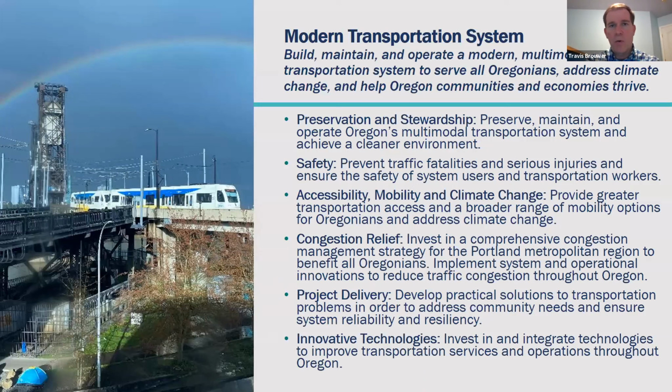They've laid out a number of goals in the modern transportation system around preservation and stewardship of the system, safety, accessibility, mobility and climate change, congestion relief, project delivery, and innovative technologies. Those are the goals essentially against which we're going to be judging and weighing the trade-offs as we look at the various funding scenarios.